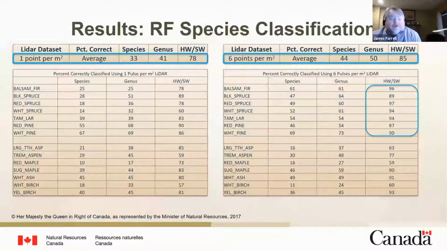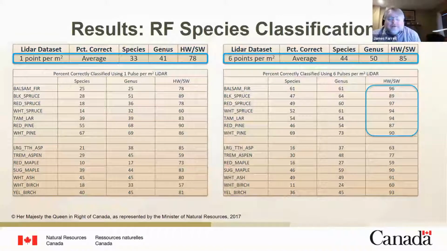The hardwood or softwood type was predicted very well in the softwood species at the 6 point. The model predicted that most of the individual conifer species were indeed softwoods almost all the time. Even the average hardwood softwood for the 1 point wasn't horrible, like I said, at 78%.